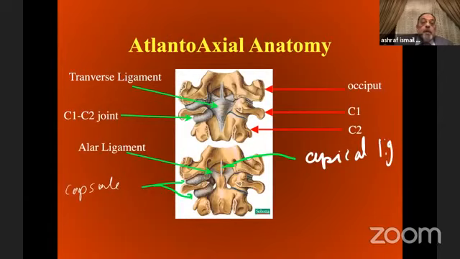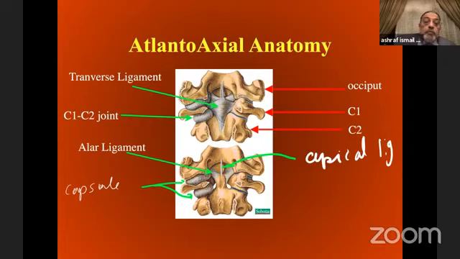As we see here, this is the occiput above, the base of the skull, then C1 and then C2. This is the view from inside, posteriorly, with the alar ligaments and the transverse ligament in the middle, and the apical ligament from the tip of the odontoid process.